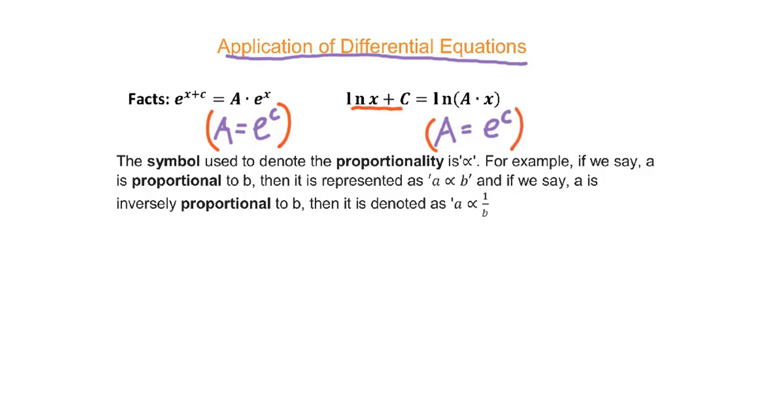The symbol used to denote the proportionality is this symbol. For example, if we say a is proportional to b, then it's represented as this. We can write down a equals k times b. Both sides divided by b, you will get k equals a over b.